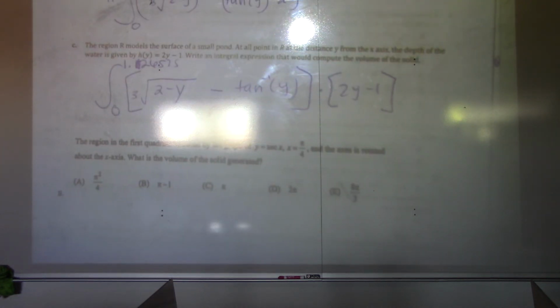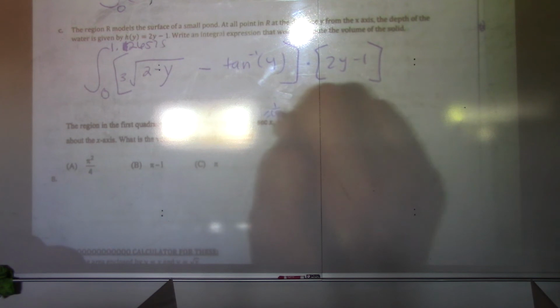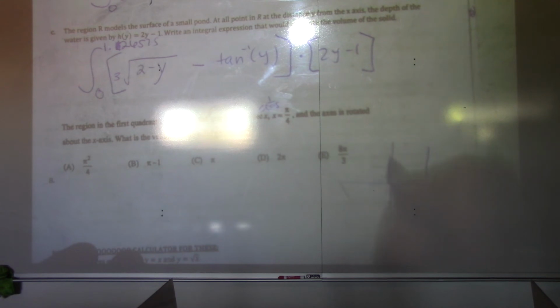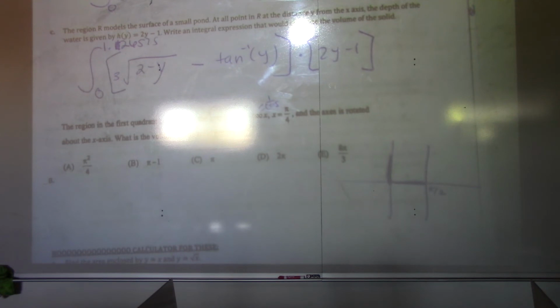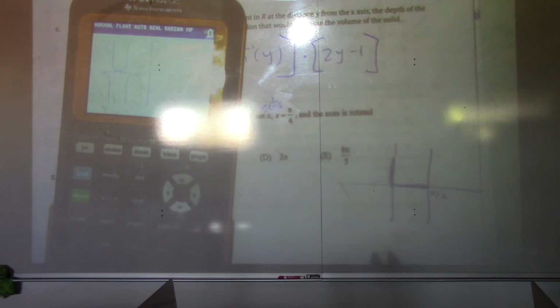Alright, region in the first quadrant bounded by the graph of secant, which is just 1 over cosine, x equals pi over 4, and the axes. What does secant look like? Secant is 1 over cosine, so it starts at 1 and goes up.